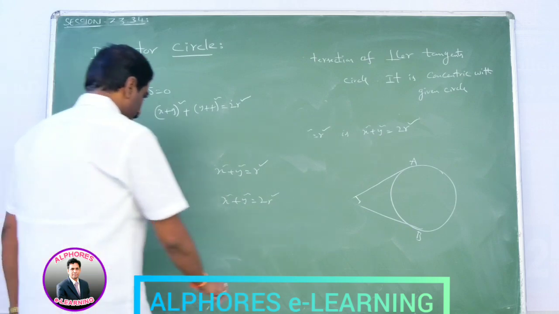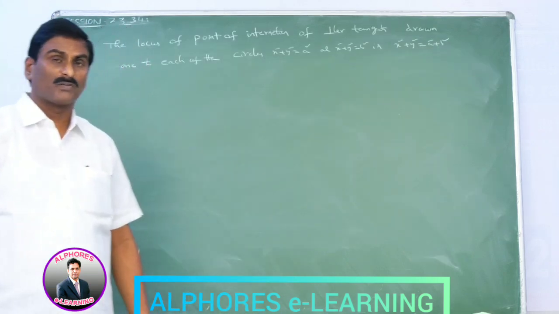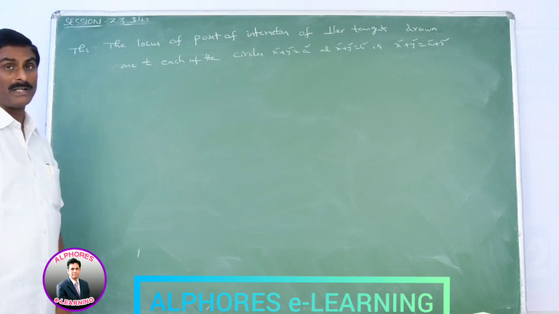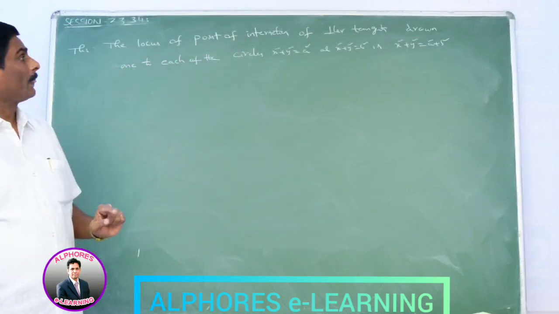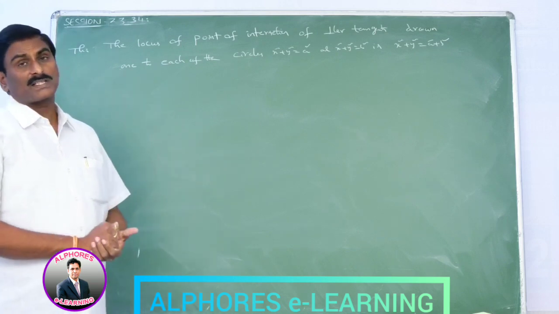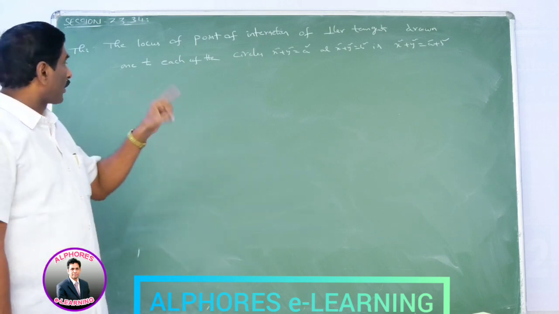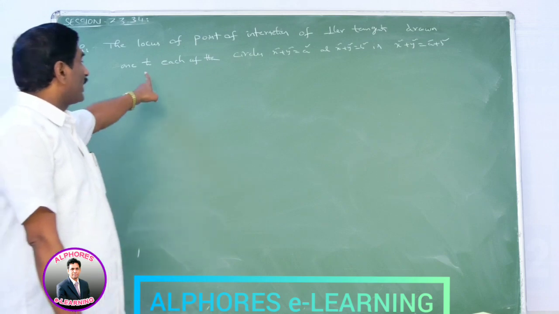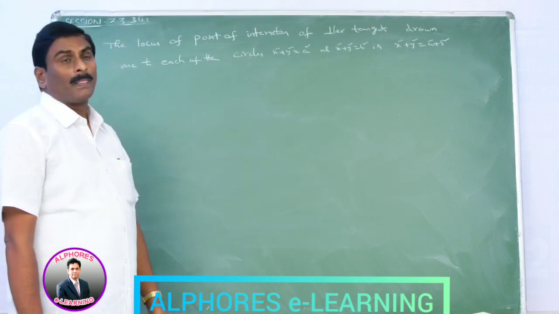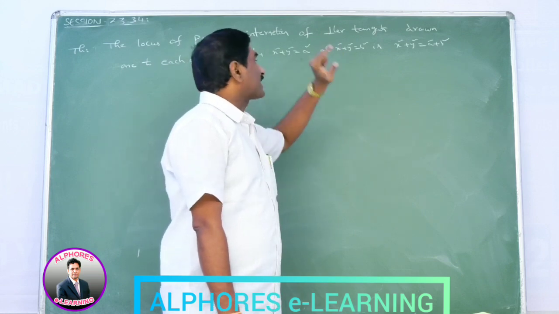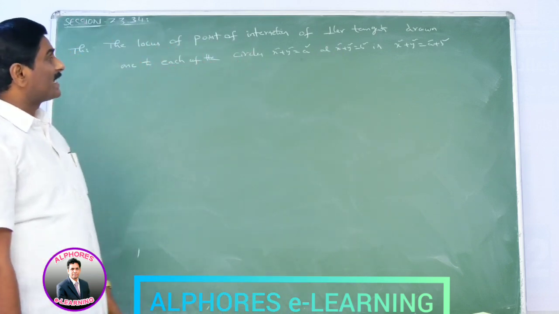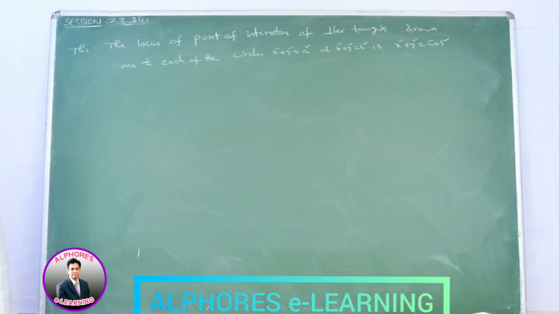Next statement, a very important statement. Please note this point. The locus of the point of intersection of perpendicular tangents drawn one to each of the circles x square plus y square is equal to a square and x square plus y square is equal to b square is x square plus y square is equal to a square plus b square.